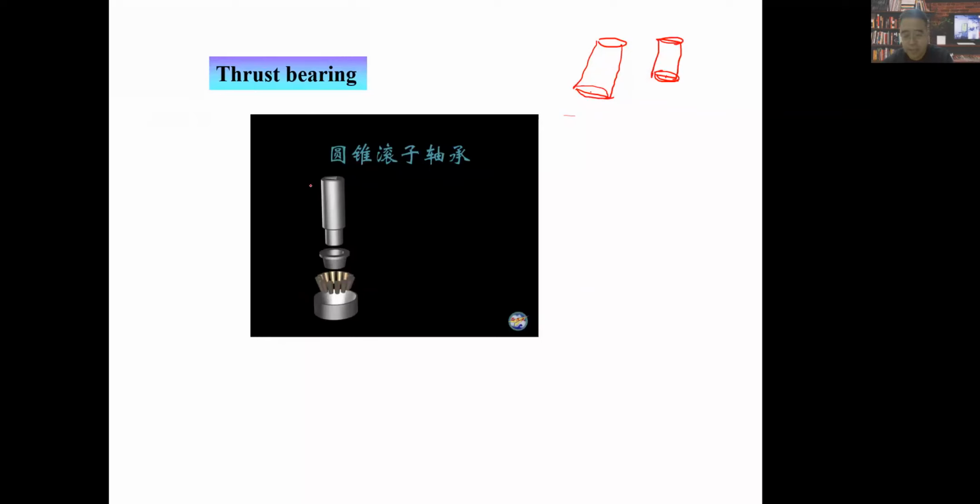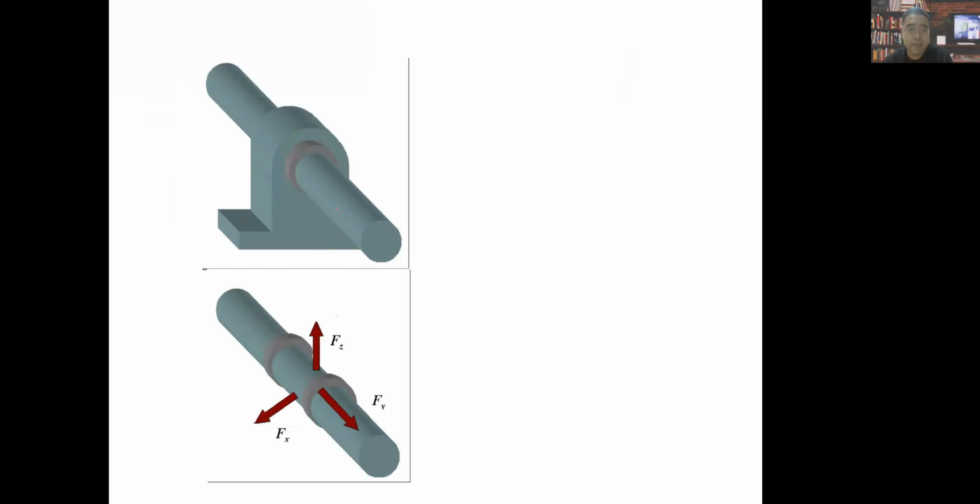Thrust bearing. That means this guy can only rotate around this axis. Maybe this is the axis we use to denote the direction of this shaft, its center axis, right? So it only allows this rotation to happen.